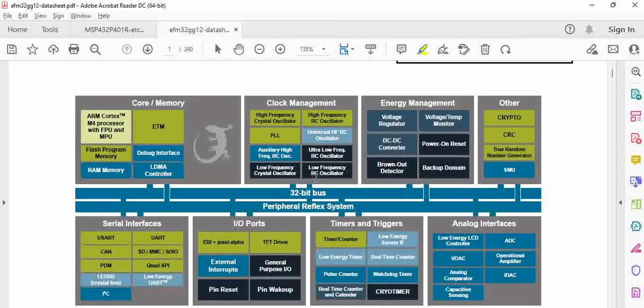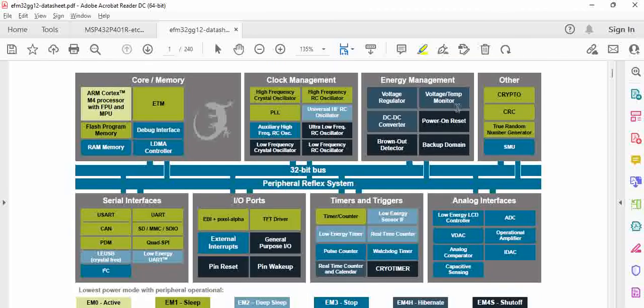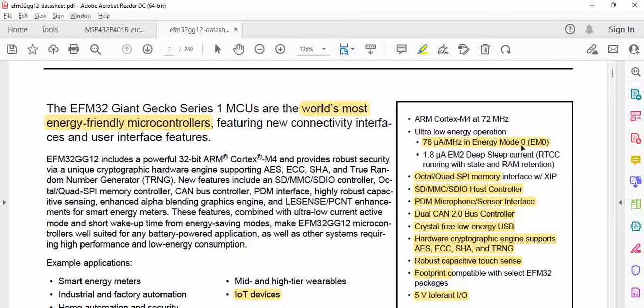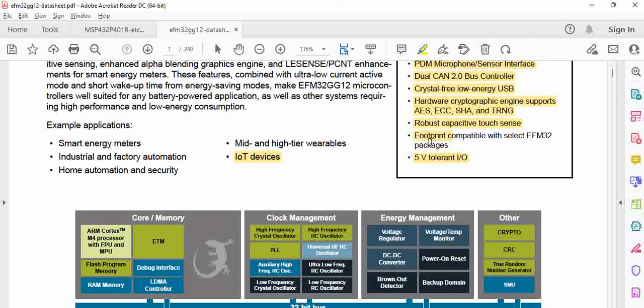This is the block diagram. EM0 is the active mode, which we have talked about here, the energy mode 0, and which we also saw in the MSP432.